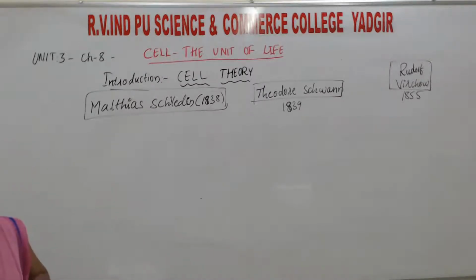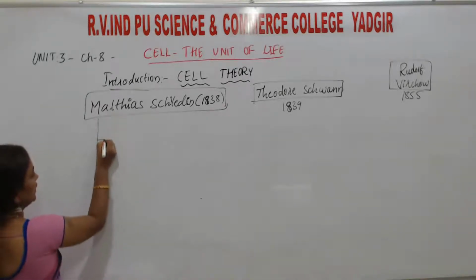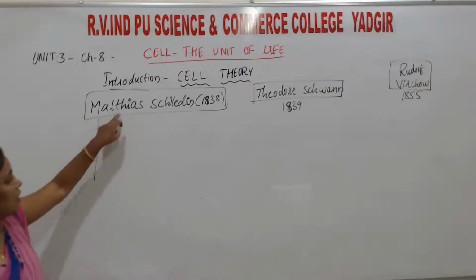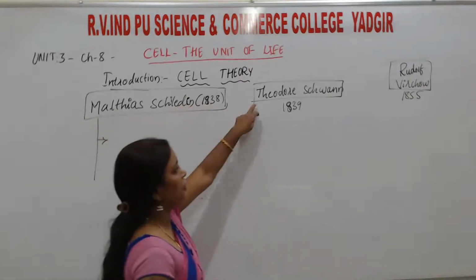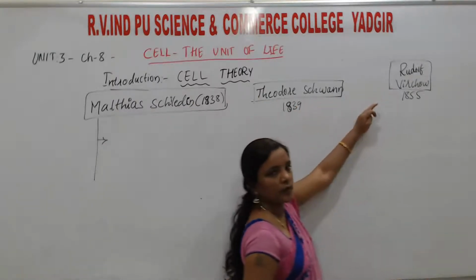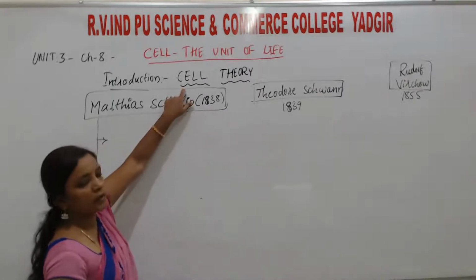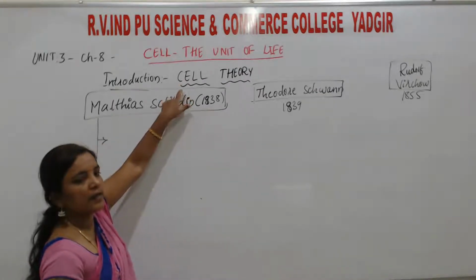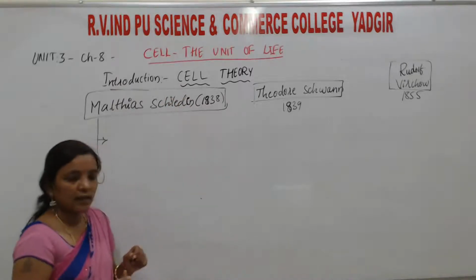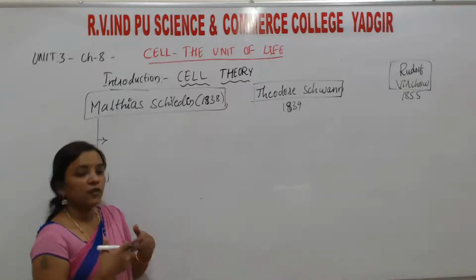Matthias Schleiden, Theodor Schwann and Rudolf Virchow, the three of them worked on and explained the cell theory. In 1838 it was a new topic, the discovery of the cell.